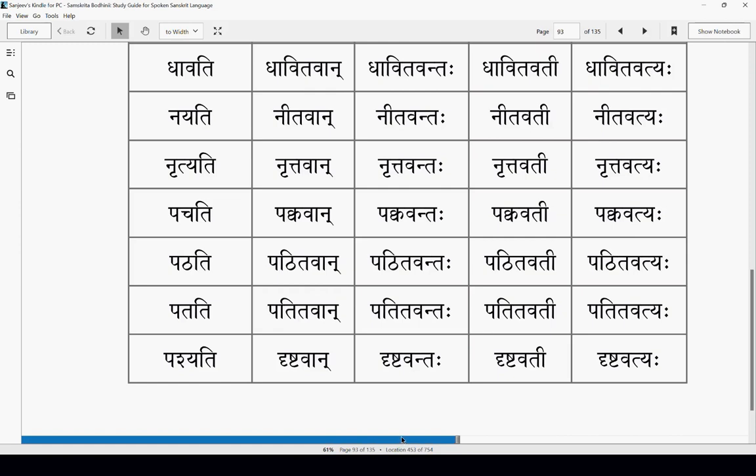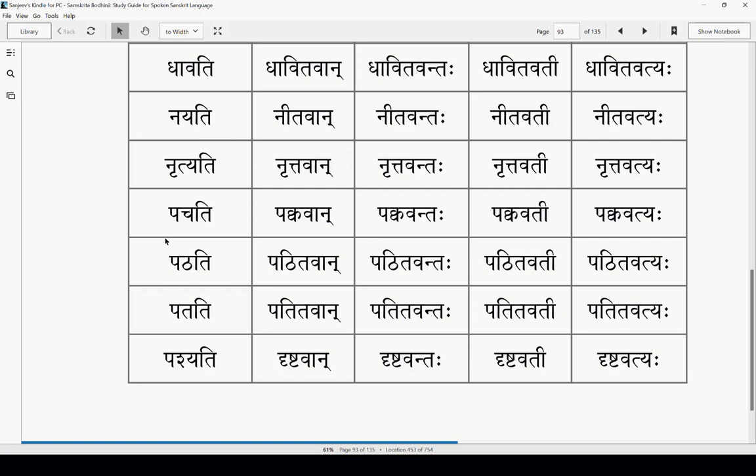They basically need to be remembered for now. In the end all of them have this one, but some things change quite a bit. In Vartamana Kala you see Nayati; in Bhutakala, the Bhutakridanta becomes Nitavan. I think that's what you're asking.